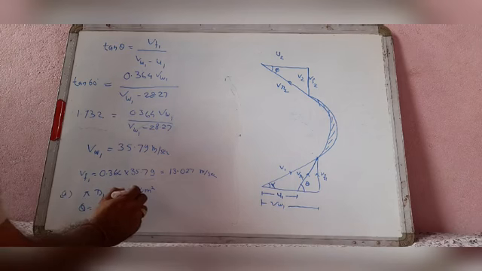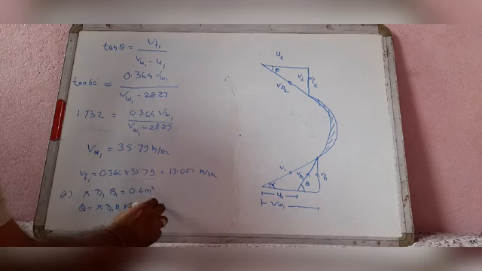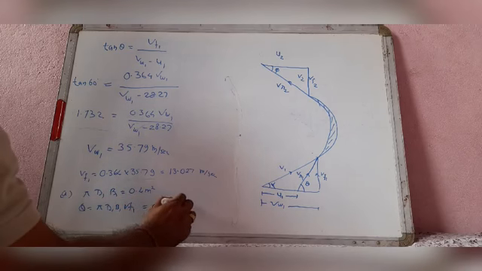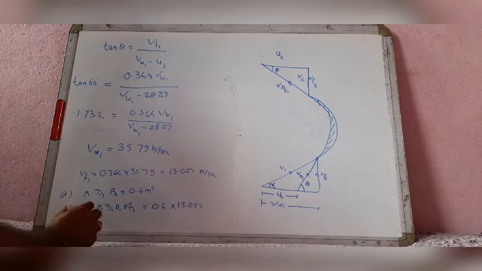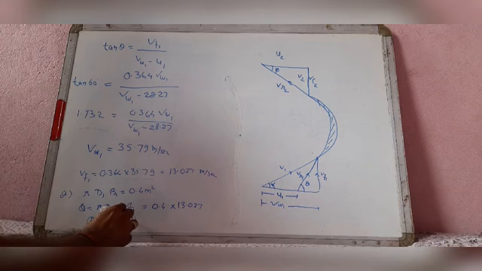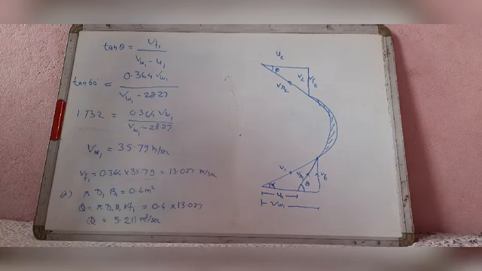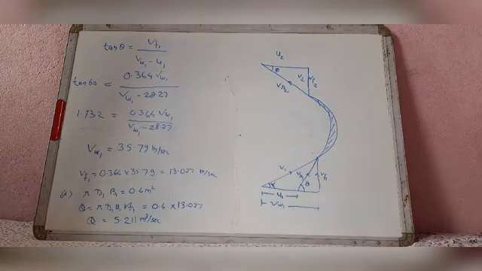So here putting the values of pi D1 B1, that is 0.4 into value of Vf1, 13.027. So the value of Q comes 5.211 meter cube per second. This is the value of volume flow rate Q.